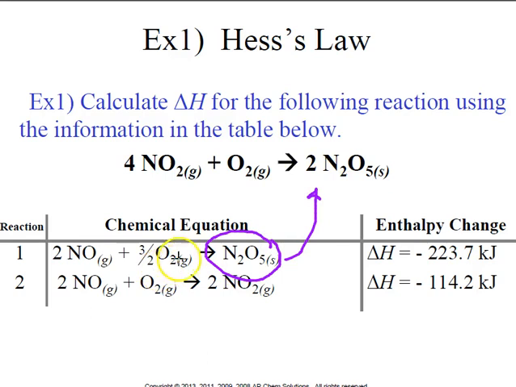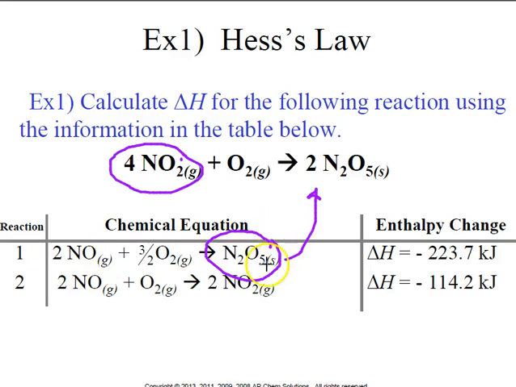And we see oxygen in this first reaction, and it's in the goal as well, but we have oxygen in our second as well. So they're going to go together to make this O2 that's in our goal reaction. It's kind of like putting a puzzle together. And then we have NO2 in our goal reaction, but it's not in this first reaction. So that means it's got to cancel somehow.